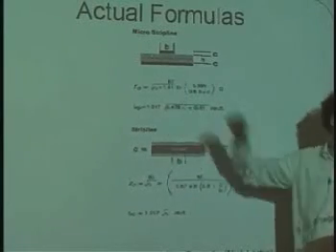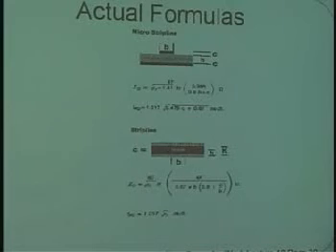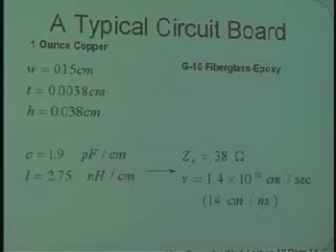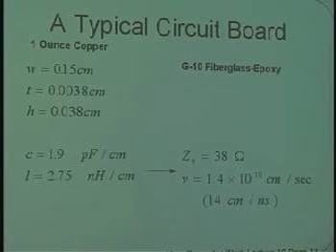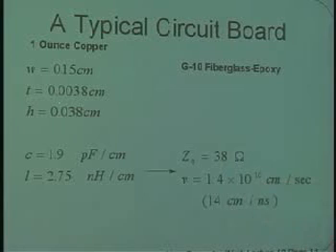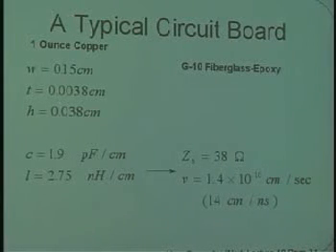It's called strip line as opposed to micro strip line. All that matters is what the final answer is, which is that typically the speed of propagation of wires on a circuit board that are inside of your PC is 1.4 times 10 to the 10th centimeters per second, or 14 centimeters per nanosecond.